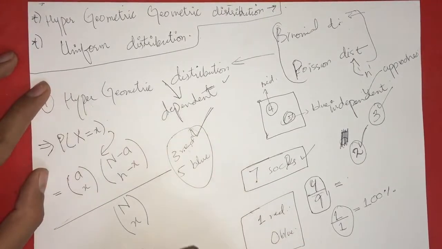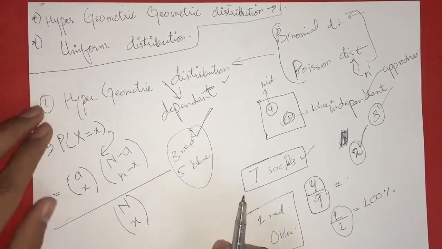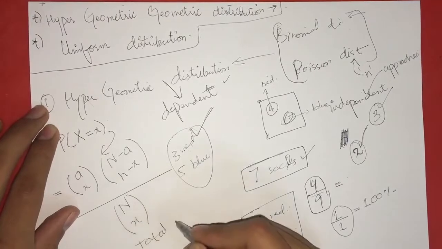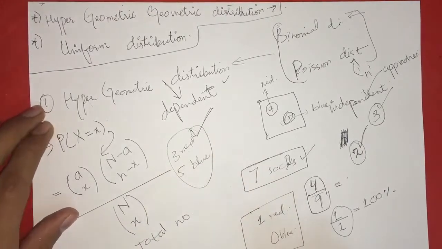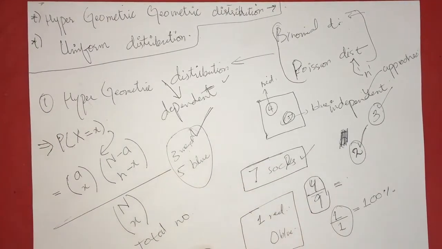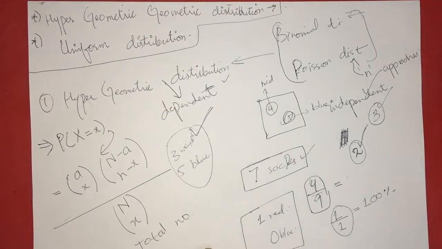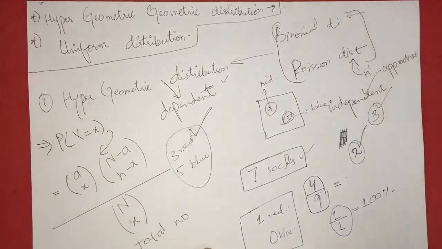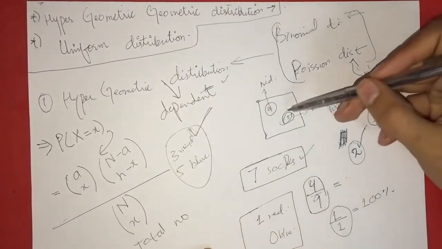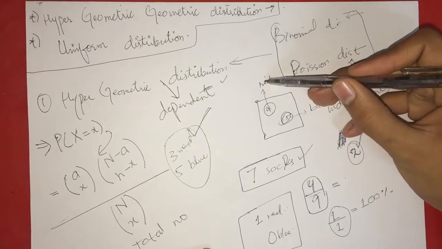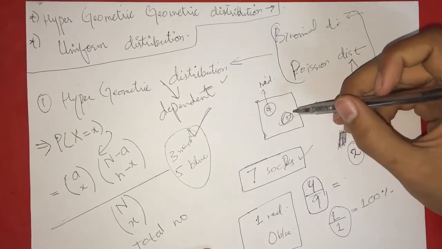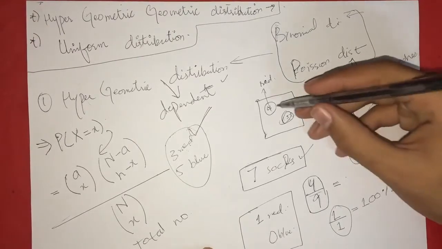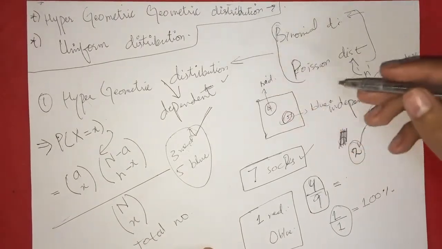Here a is your total number of successes in an experiment. Let me explain. For example, you have a box with 4 red socks, as I explained here, and 5 blue socks, and you're interested in finding the probability of selecting.